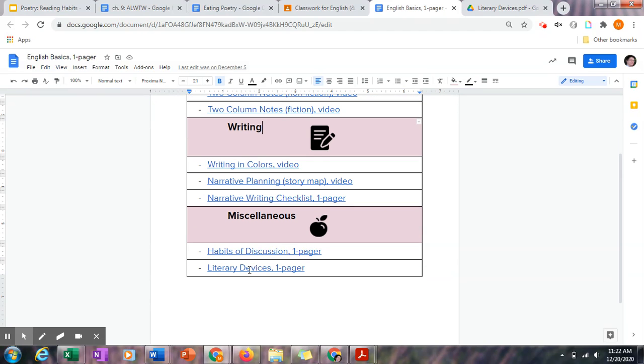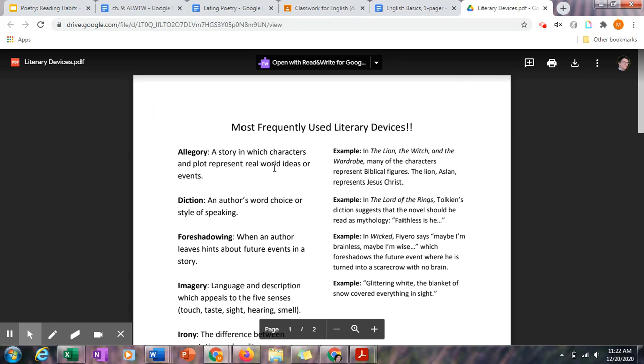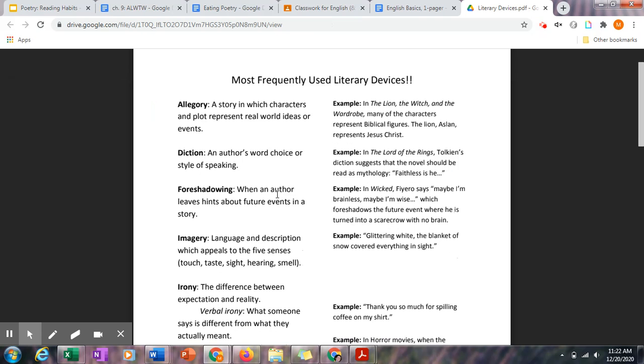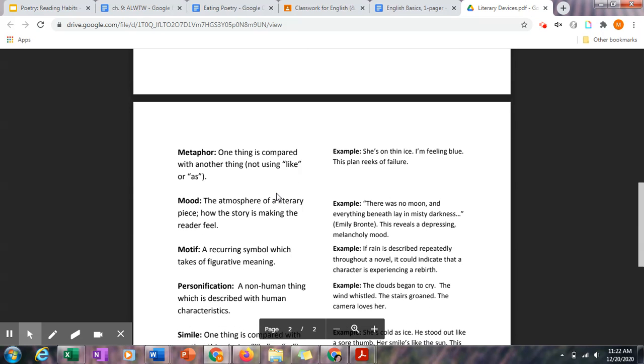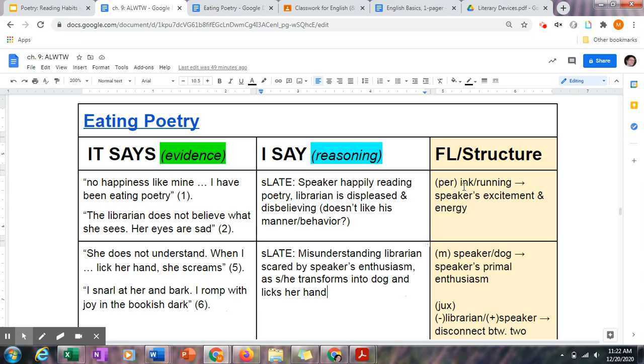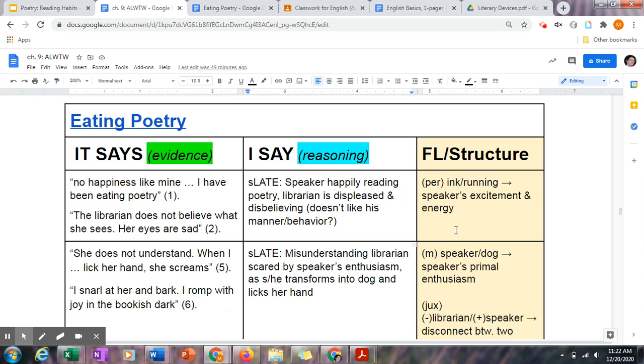One of those tools says literary devices at the bottom there. If you open that up, it shows you definitions and examples of some key terms, many of which are figurative language, things like imagery, metaphors, symbolism, etc. So that's something you can use to help you out for figurative language. We'll talk more about that as we read poems.